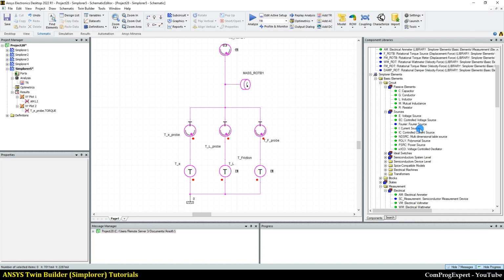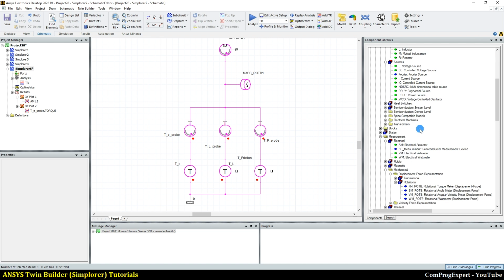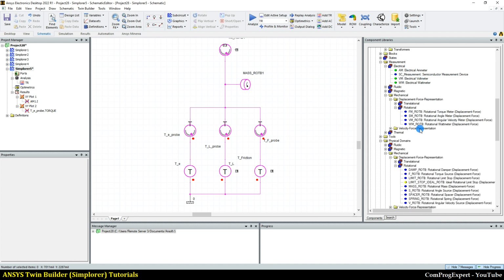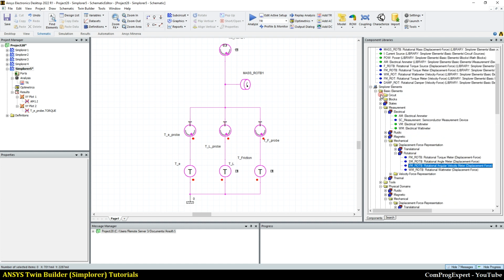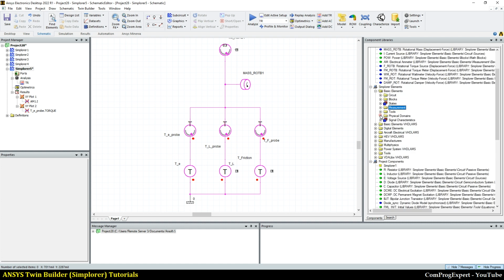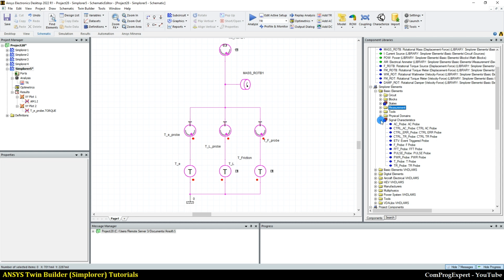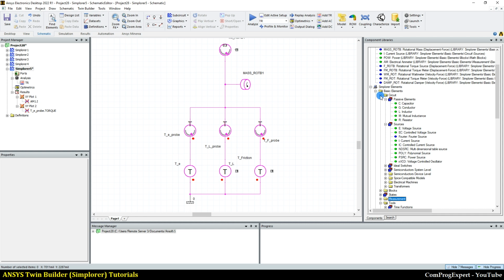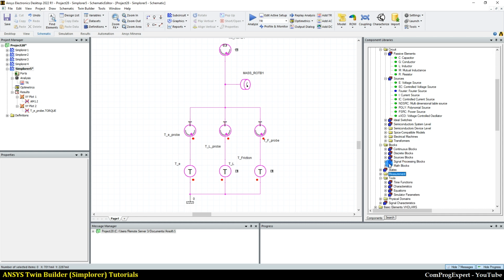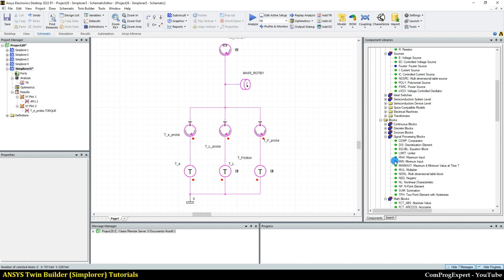And here we need to add a gain. So where are the signal processing blocks? We have time functions, equations, and circuit blocks, math, signal processing blocks, continuous ones.